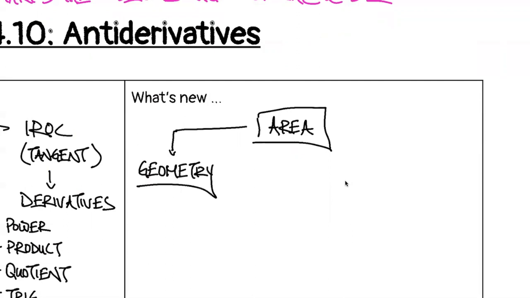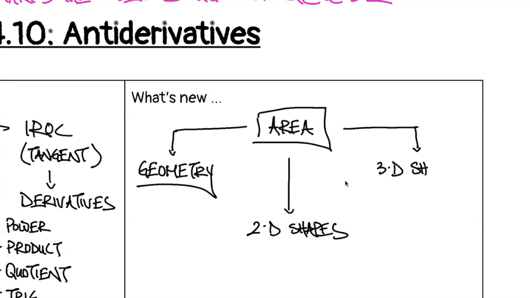Okay. We are going to use area and look at 2-dimensional shapes, right? Which I'll explain later why that's different from geometry. And the third category is going to be looking at 3-dimensional shapes, right?